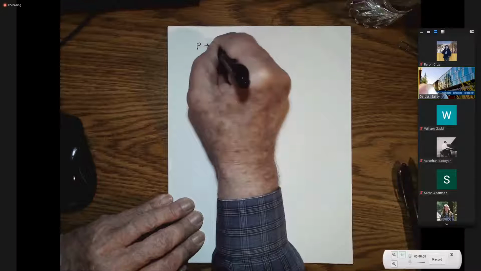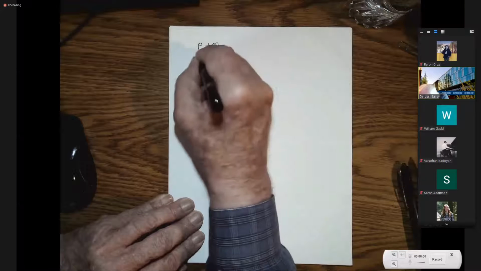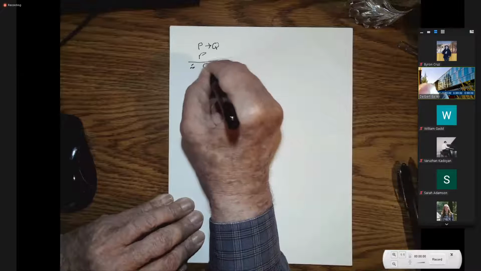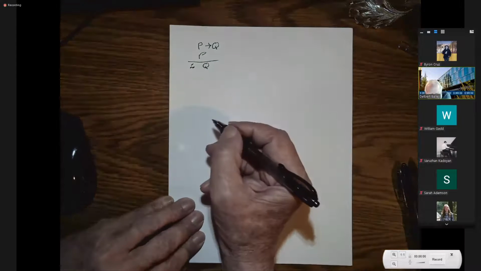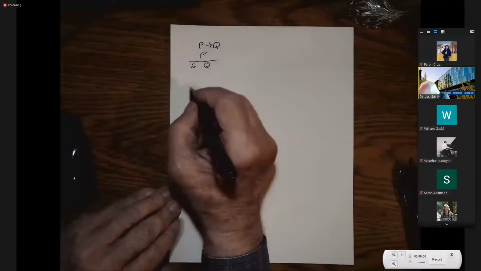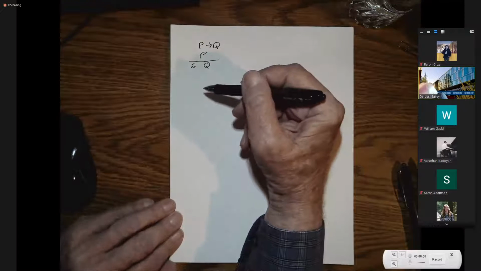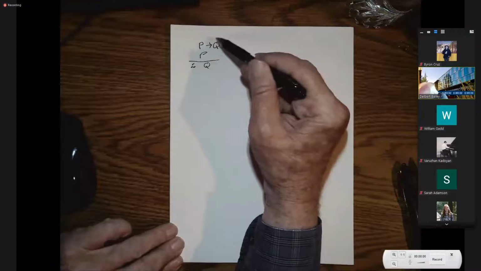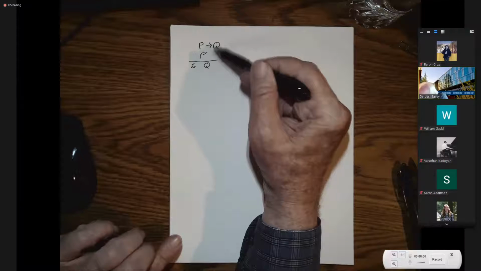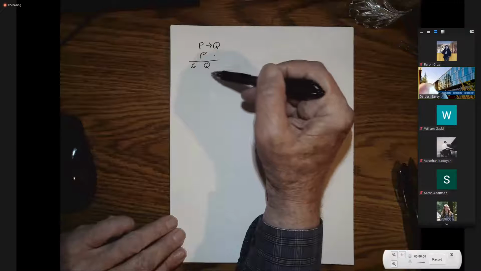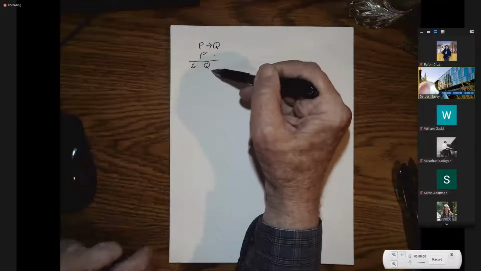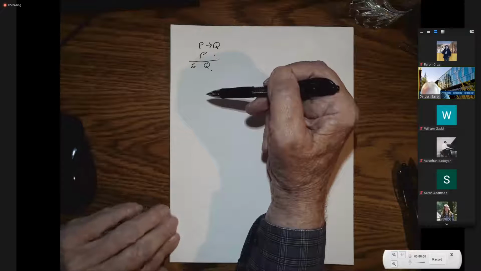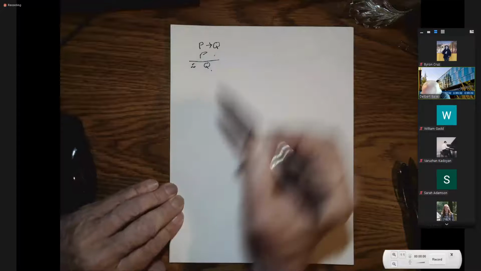P implies Q. P, therefore Q. Okay, an argument is valid if you take the conjunction of the premises with the negation of the conclusion. If that's a contradiction, then the argument is valid. So let's take a look at this one.